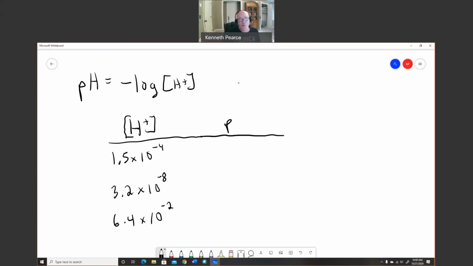Generally speaking, on most calculators, you will find a special minus key. Sometimes it's in parentheses, sometimes it's not, but it's not the minus key that's above or below the plus key. It's not the same thing. Then you find the LOG button, and then you enter your 1.5 times 10 to the minus 4.